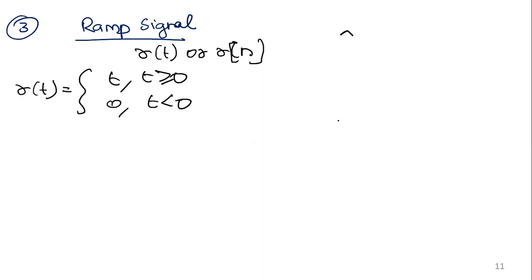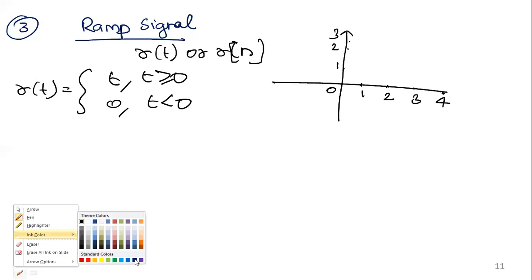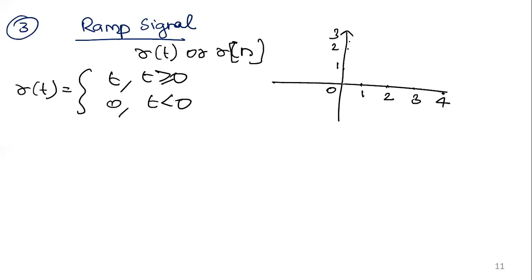And how will you represent that? It is a very familiar one. You might have studied all these things in your lower classes also. Very easy one. For any value of t, t equal to 1 gives 1, t equal to 2 gives 2. So the curve will follow both the axes. It will be like this, t equal to 1, 2, 3, 4. So this is how it will go.